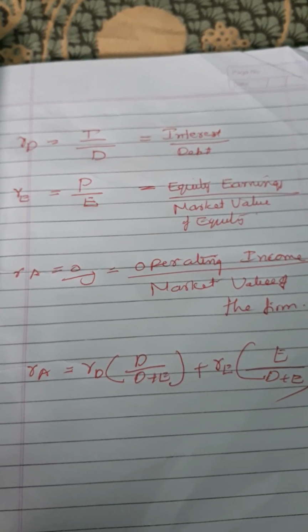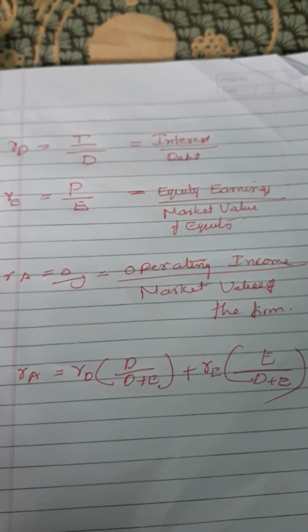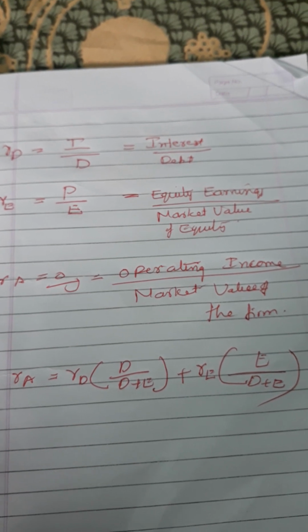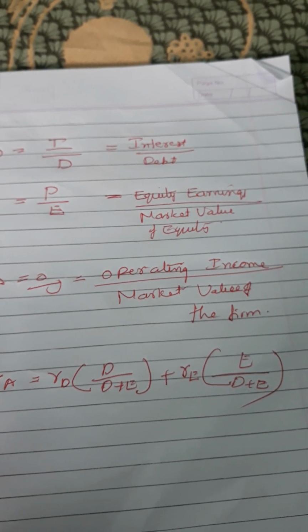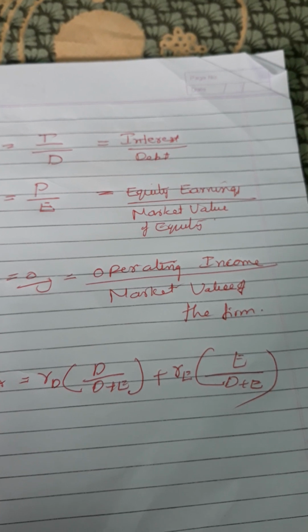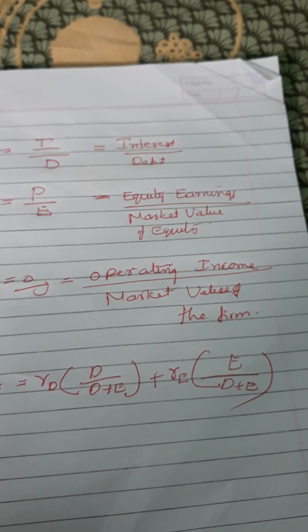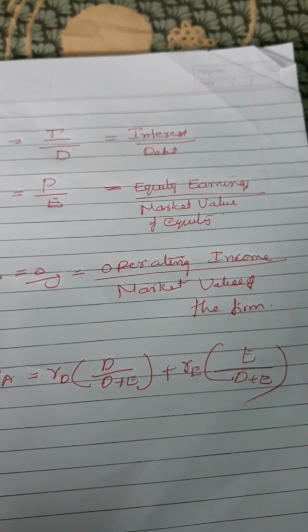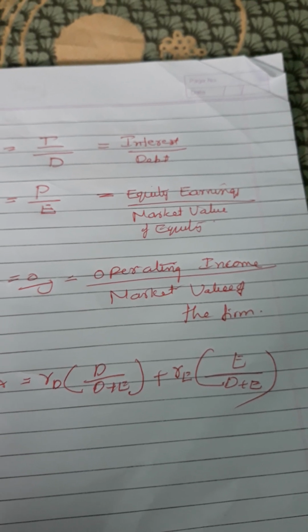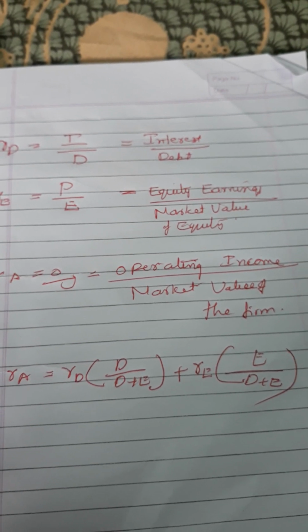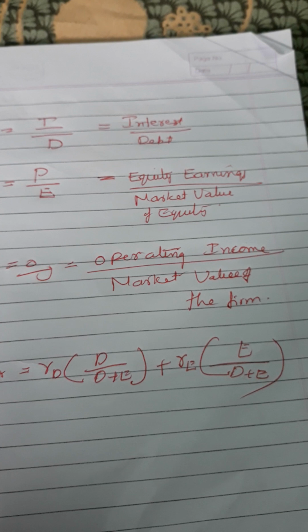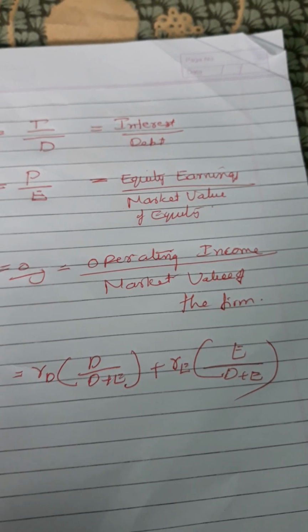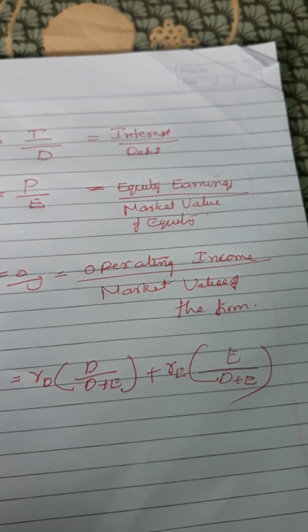The cost of equity is equity earnings divided by the market value of equity. In other words, it is the ratio of the earnings per share to the market price per share. In that way also we can restate this: how much equity earnings do we have divided by the market value of the equity.